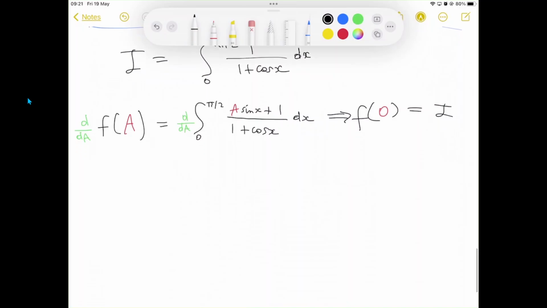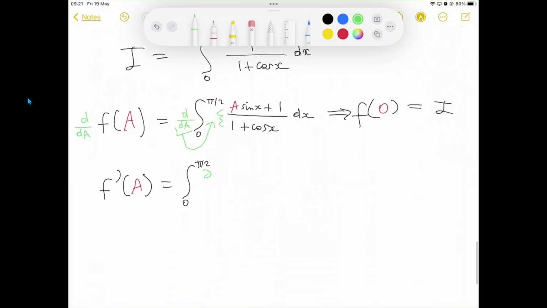And so on the left hand side, what you get is very basic, very obvious. Perhaps you wouldn't know if you were in year 11, but now you do. On the right hand side, if we bring this d over dA into the integral, you end up with a partial derivative with respect to a.